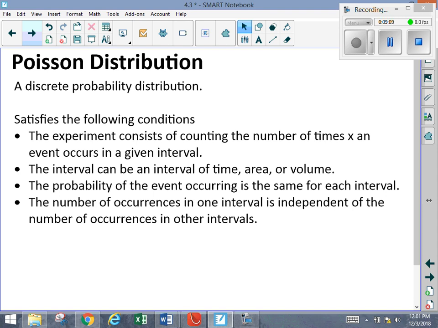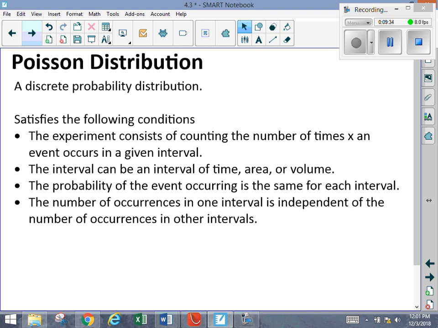we're going to look for the number of times a certain event occurs. How many times does a car stop at a traffic light? Things like that. So you'd be given some sort of interval of time, area or volume, right? So the number of cars that stops at a stoplight within an hour.